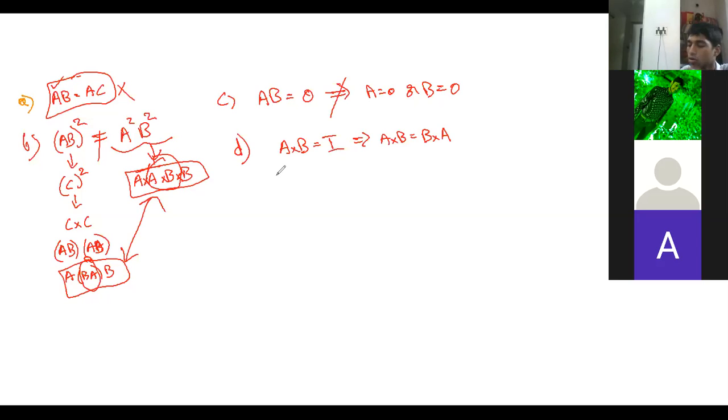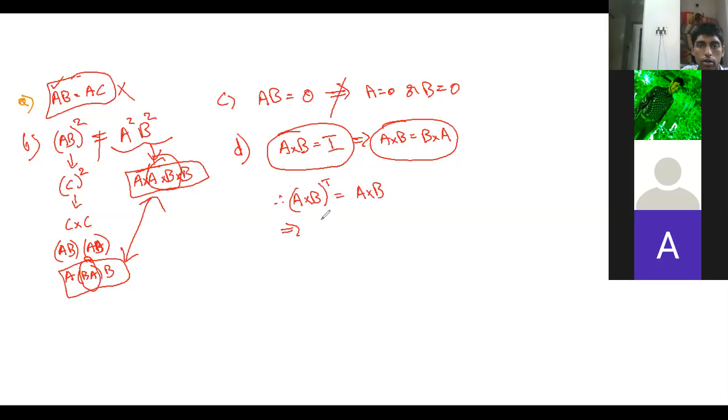So how does this work? Anyone has a good idea? A into B whole transpose should be equal to A into B. B transpose into A transpose.